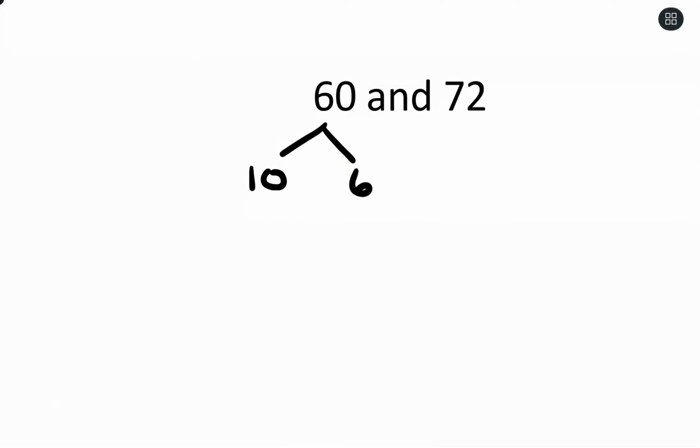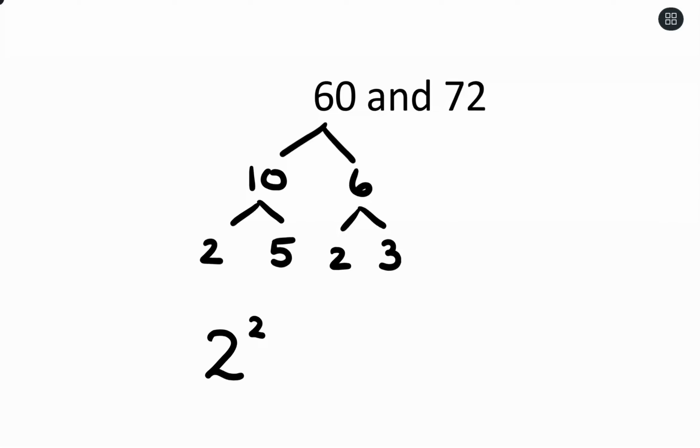All right, one more example here. 60 and 72. All right, so we have a 10 and 6, which is 2, 5, 2, and 3. So we have 2 squared times 3 times 5. All right.